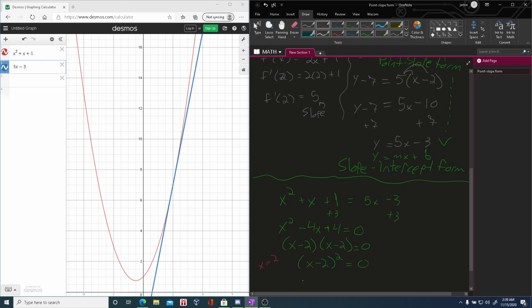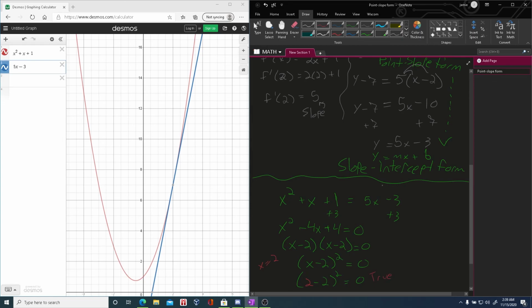So when we plug this in, 2 minus 2, this rings true, because 2 minus 2 equals 0, and 0 squared equals 0.